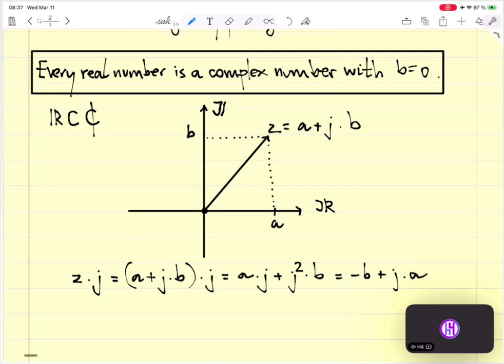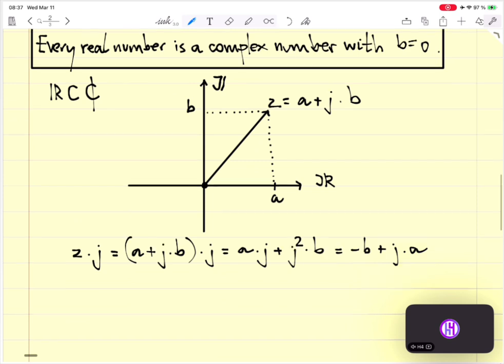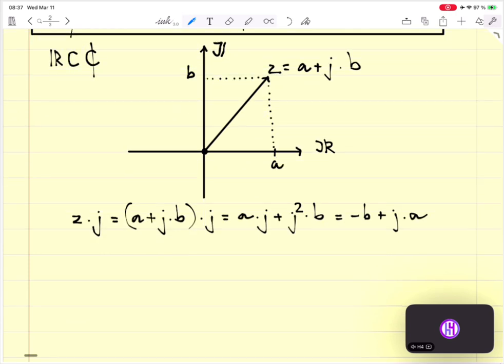What has happened here is that we are turning this guy upside down. Our complex number is going to be a different one. On the real side, it's going to be minus b. On the complex side, it's going to be a.